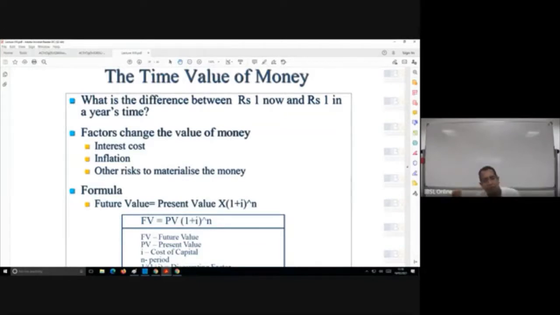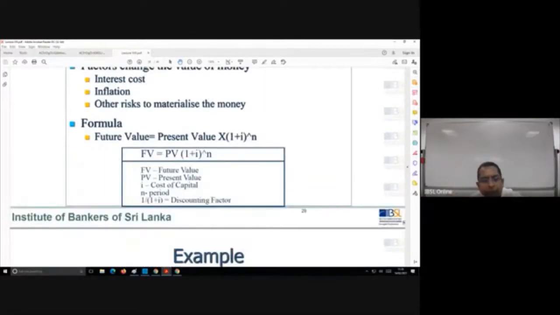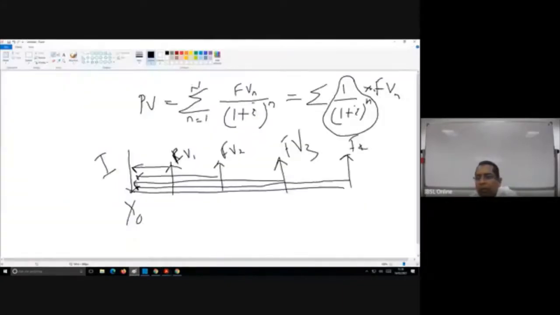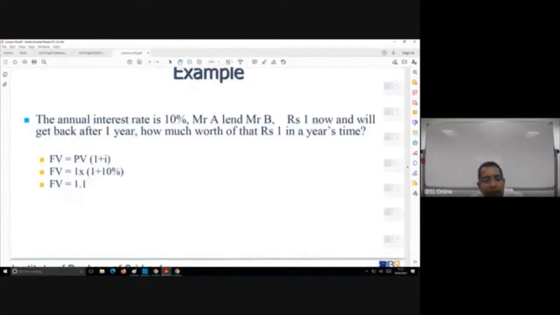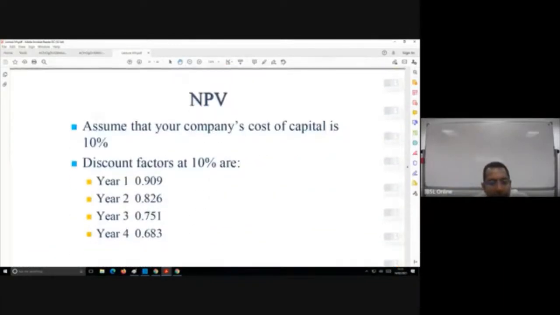So future value equals present value times 1 plus I to the power n. 1 divided by 1 plus I to the power n is the discounting factor. In this example, 100 into this is 110.